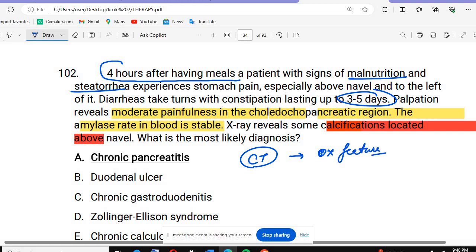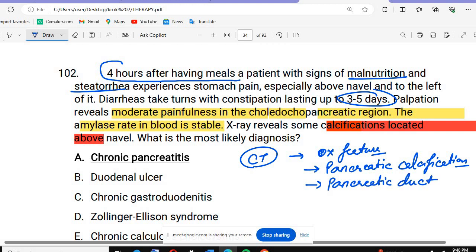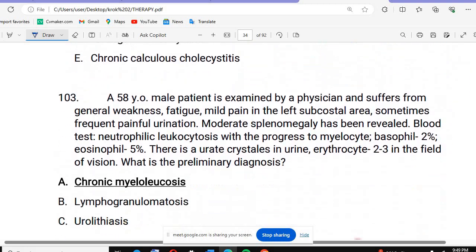If you see pancreatic calcification, or you also see pancreatic ductal dilatations. Okay, the bile duct also can be involved. So all these are the diagnostic features that we see in the case of CT. Other things we already studied about chronic pancreatitis. After that, the next question.